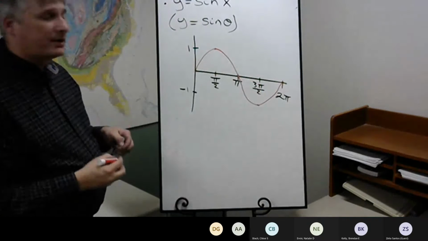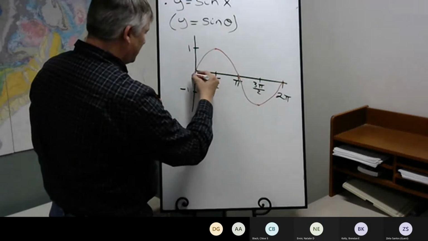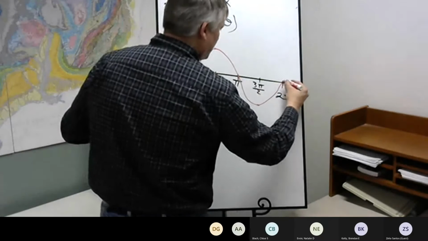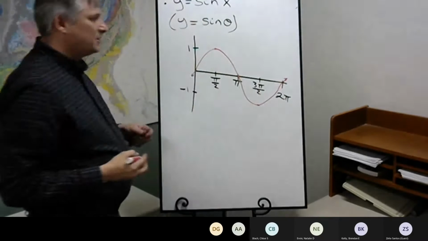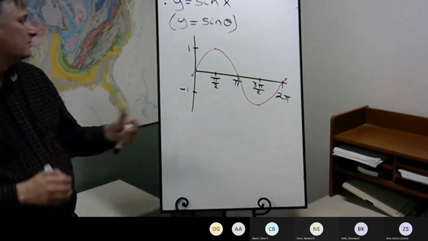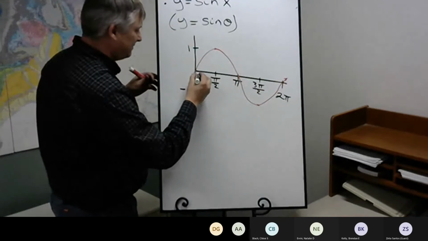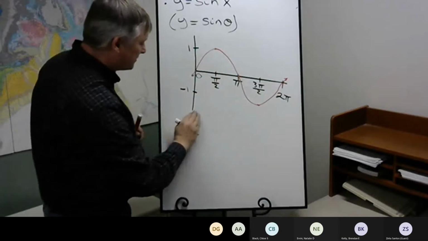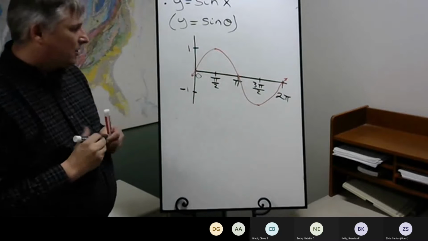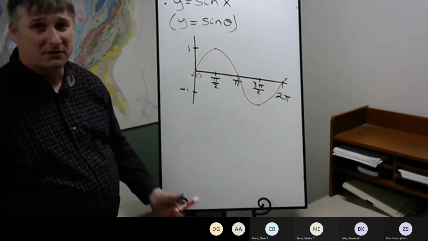So this is one period of sine. Now it's going to keep going. It's going to repeat itself. But this is one period of sine, 0 to 2 pi. And if you know your sine function, you actually know your cosecant function.